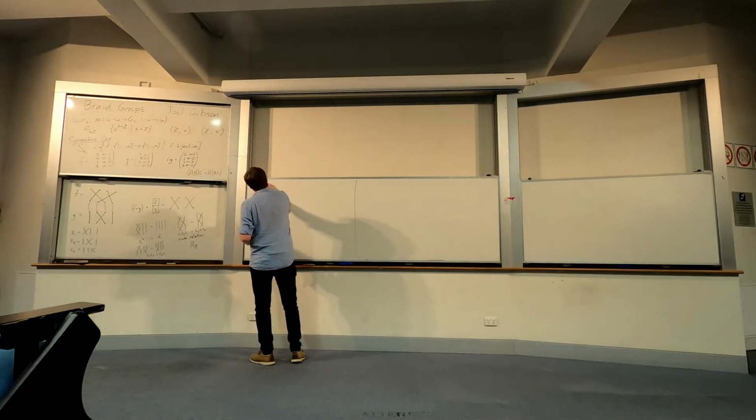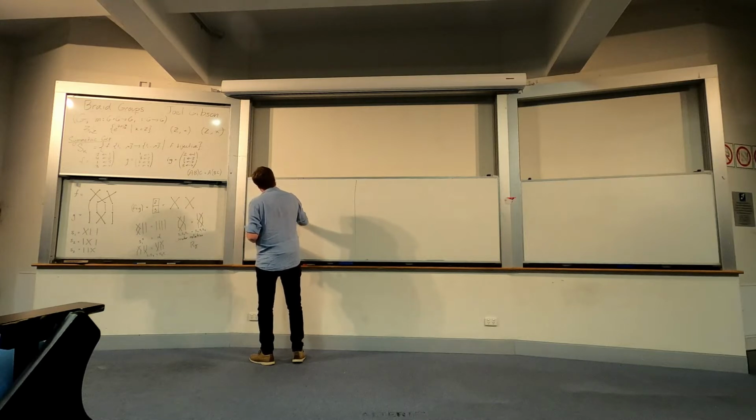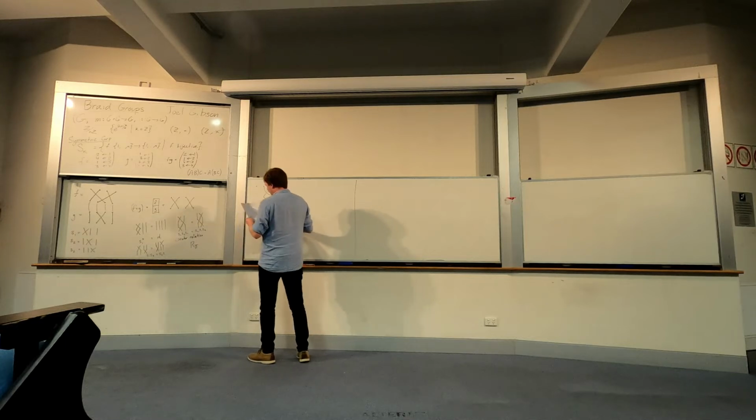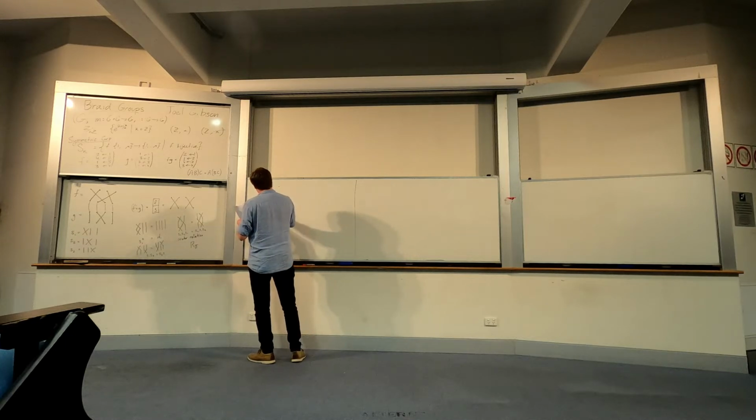So in a braid diagram, I've got a particularly interesting braid that I can draw here. Things are allowed to go under and over each other. So I might have something like that. These go up here.